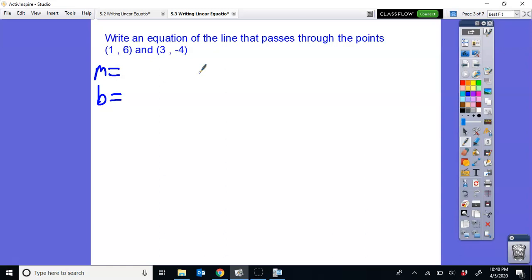What if I told you, though, that you already have those skills? We already found the slope earlier in this linear chapter. How do you find the slope? y2 minus y1 over x2 minus x1.